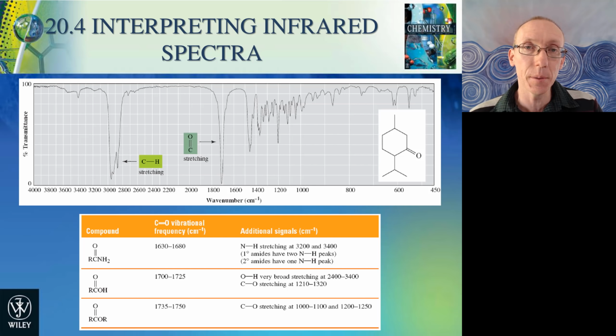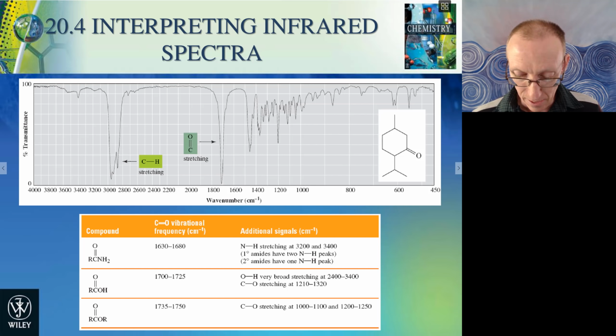Amides tend to be at lower frequency, 1630 to 1680, whereas carboxylic acids tend to be 1700 to 1725, and esters tend to be 1735 to 1750. And we'll see other features. So amides might have NH stretches, carboxylic acids will have OH stretches that are very broad, and esters will have no OH stretches at all.